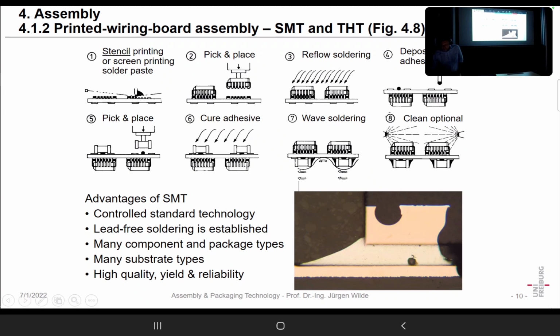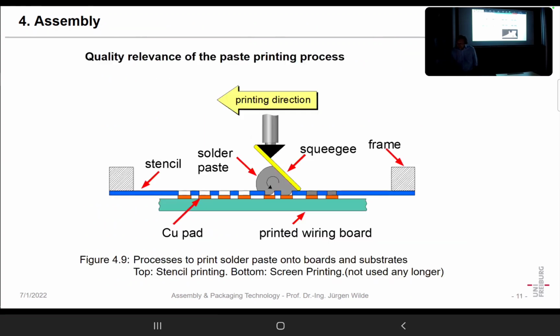There is a small pore here. Such a small pore, if it's only a single one, is absolutely tolerable, and it has no effect on the strength or on the conductivity of that solder joint. So small pores are tolerated, but bigger pores, of course, not.